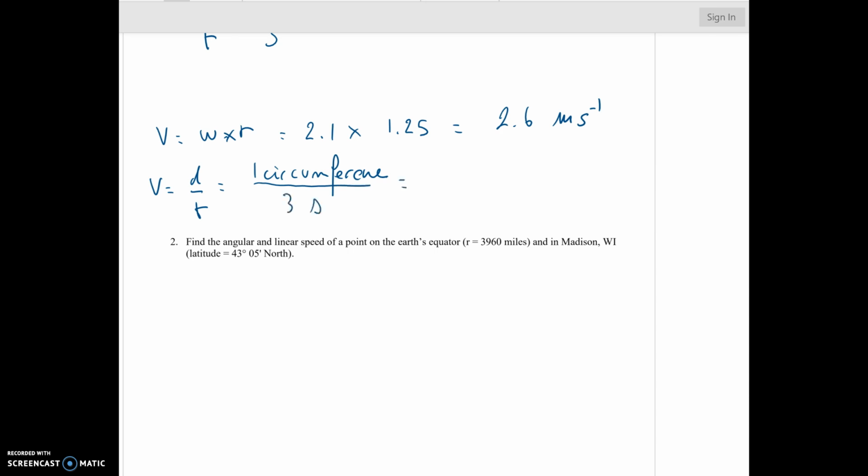One circumference is equal to the perimeter, which is 2 pi multiplied by r, divided by 3 seconds. With r equal to 1.25, so 2 pi multiplied by 1.25 divided by 3, and that gives me also, of course, 2.6 meters per second.